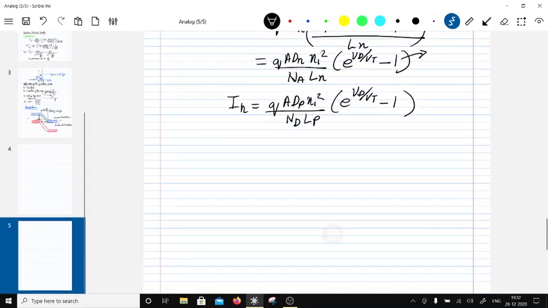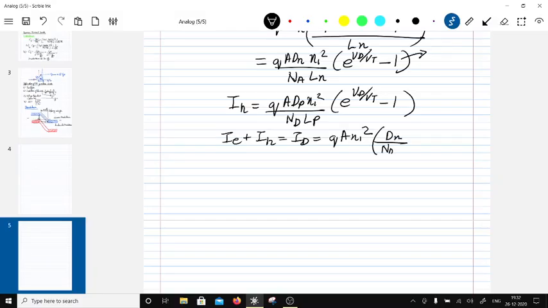So the total current would be equal to I electron plus I hole, that will be the total diode current, will be equal to QA Ni square dn over Na ln plus dp over Nd lp times of e raised to Vd by Vt minus 1.